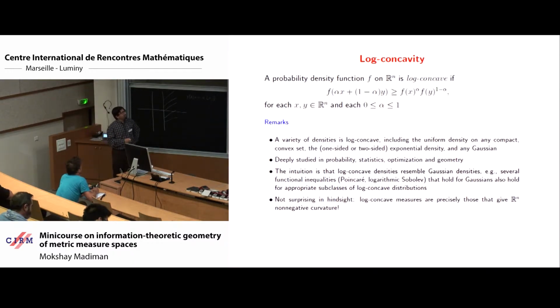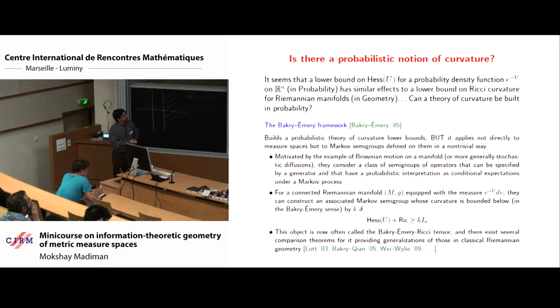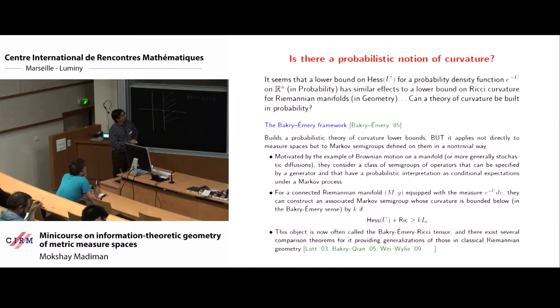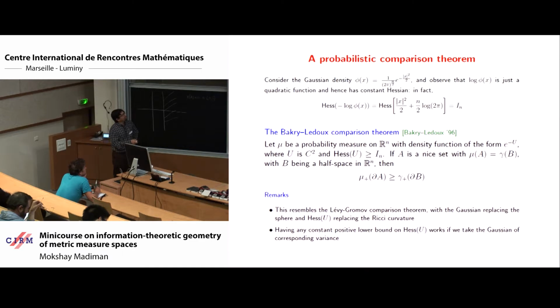In a hidden way, what we have introduced is the notion of a log concave density. The point is that for the last couple of slides I've been talking about measures of the form e to the minus u, where the Hessian of u dominates some multiple of the identity.